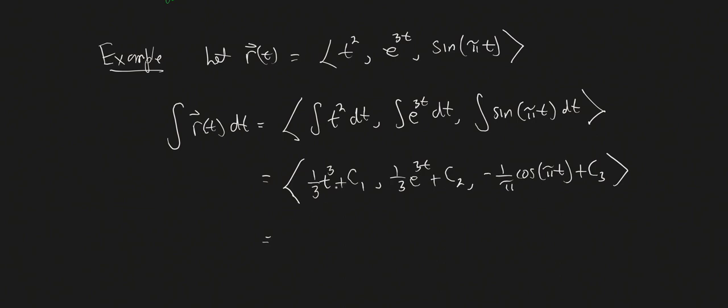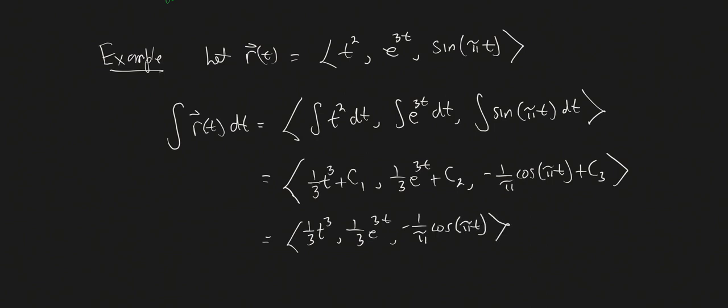But here's another way it can be written. Since the constant is just added on to each of the base antiderivatives, if you will, we can actually separate them and express this as the sum of two vectors. So we do a little bit of vector algebra and say this. We have 1/3 t cubed, 1/3 e to the 3t, and negative 1 over pi cosine of pi t.